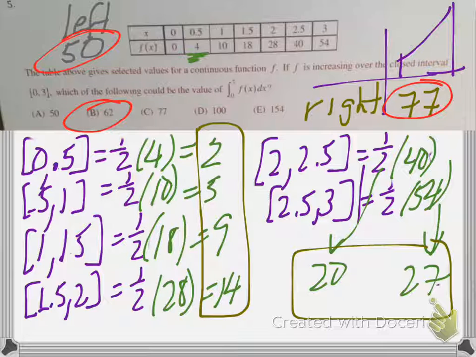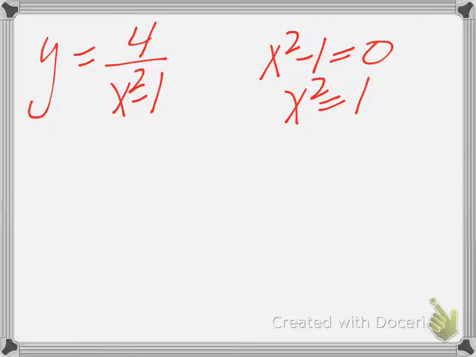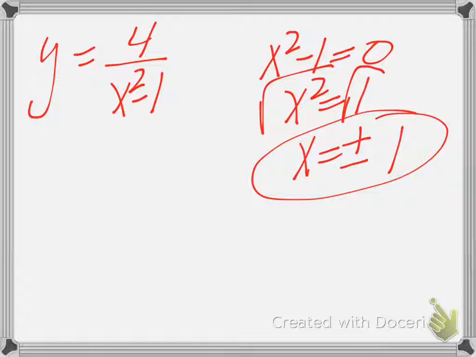Oh wait, we had a quiz question, didn't we? Let me go over the quiz question real quick. So from the quiz today, this was the function, and we needed to know about asymptotes. Okay, so for vertical asymptote, you set the denominator equal to 0. Okay, so that means there are vertical asymptotes at 1 and -1, and so you had 5 choices.